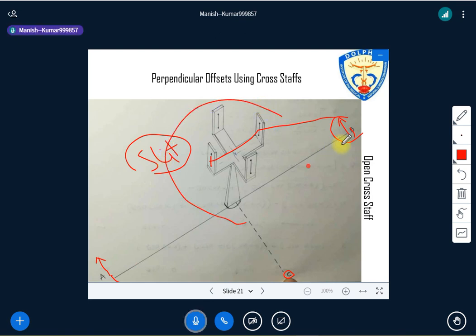Then you look through both slits and try to see the ranging rod. If the two slits and the ranging rod are in the same line, is it clear? Then without disturbing it, check from this side also. If you are able to see the ranging rod, then we can say the cross staff is placed at a proper position. Have you got that?